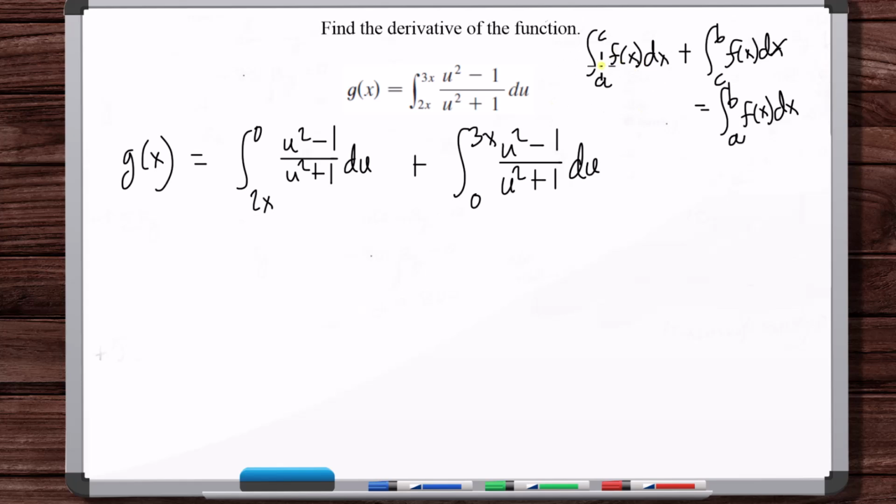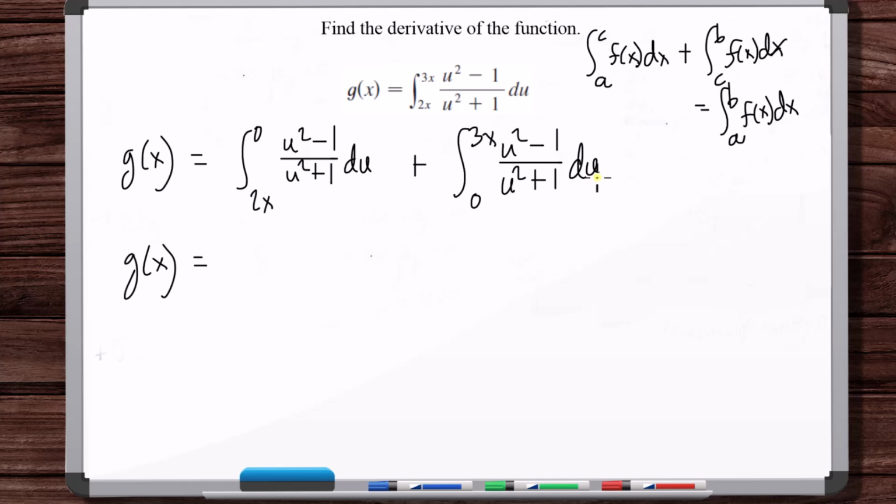But the key is these numbers could be anything you want. It's not like a has to be less than c and c has to be less than b. It's any numbers you want. And so if you compare these two, it matches up, right? The zeros are the same, and then you go from a to b in the final result. You see? Okay, but the fundamental theorem part 1 has the constant as the lower limit.